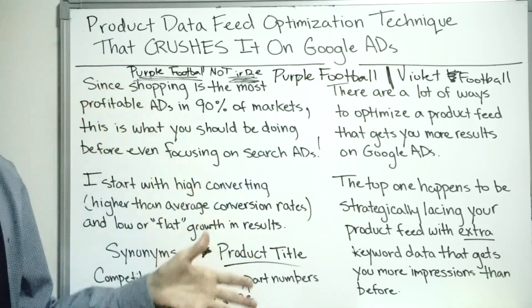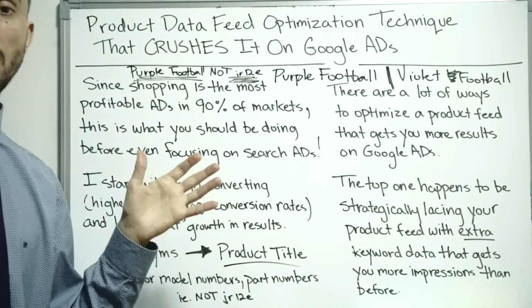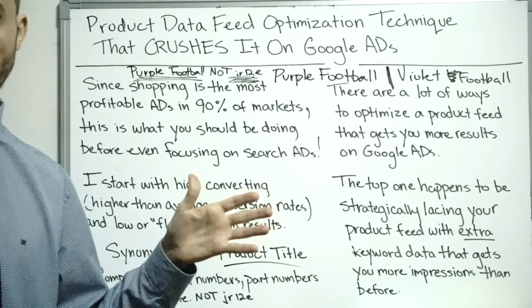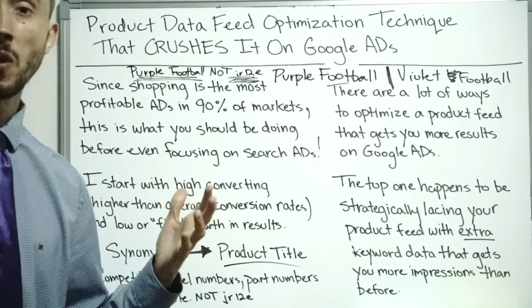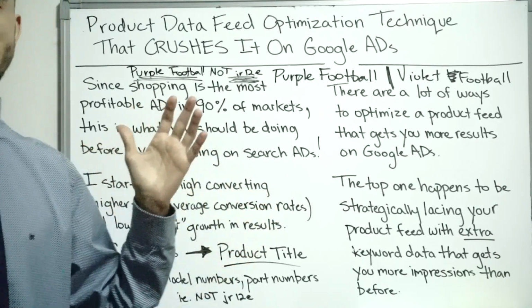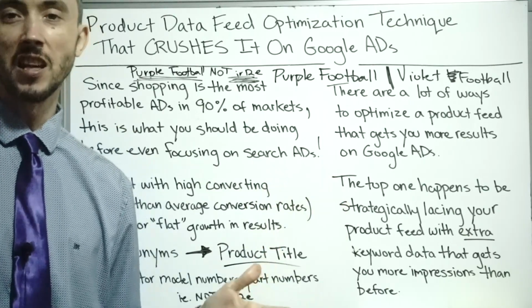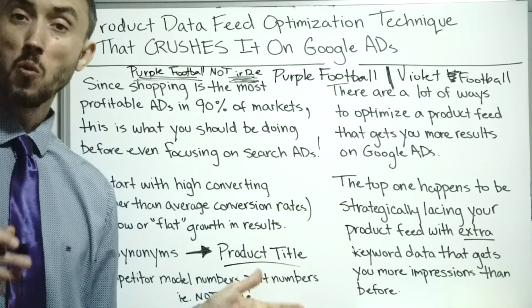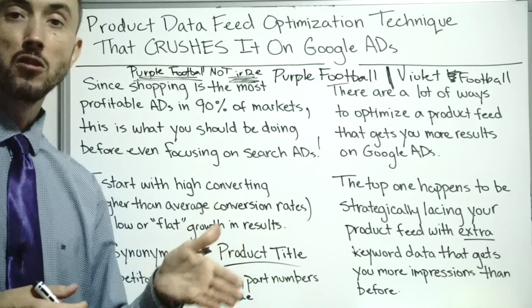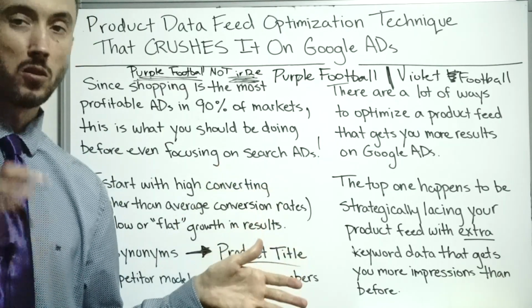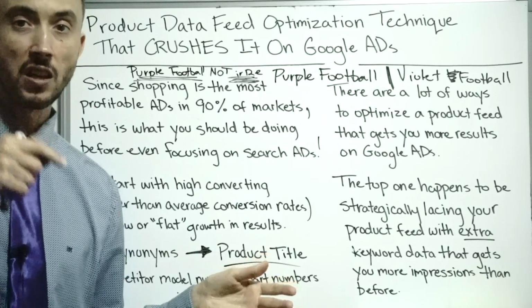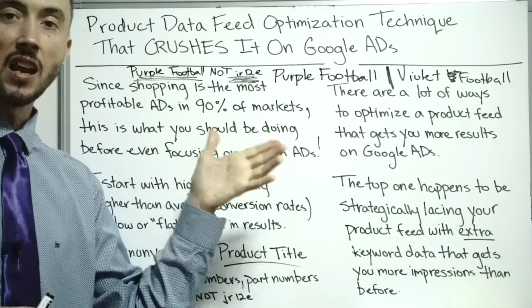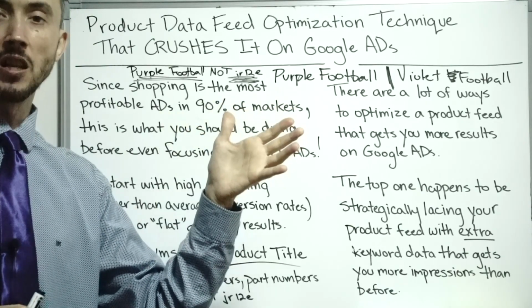Now, obviously, this is a whole ton of work. People want to just upload their product feeds and let Google get the results. And for the most part, you will get results. But the question always is, how long is it going to take? Google's algorithm will take 10 years to do what you could do in a month just by doing the keyword research yourself, using your own mind and your own logic, and helping them by lacing the product feed with the data that is directly relevant to your product.